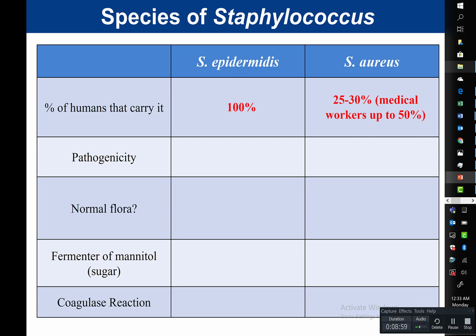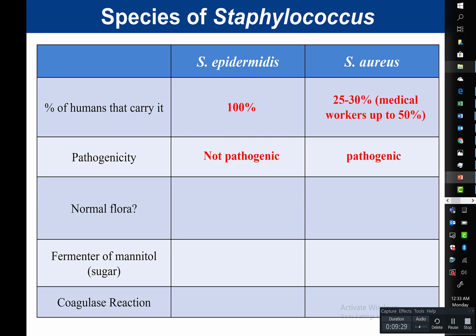In terms of pathogenicity, meaning are these bacteria pathogenic? Do they cause disease? So in the case of Staph epidermidis, it's not pathogenic. And that kind of makes sense, right? Because notice 100% of people carry Staph epidermidis. So this is a bacteria that typically, not always, there are special strains of this, but typically this bacteria would be non-pathogenic.